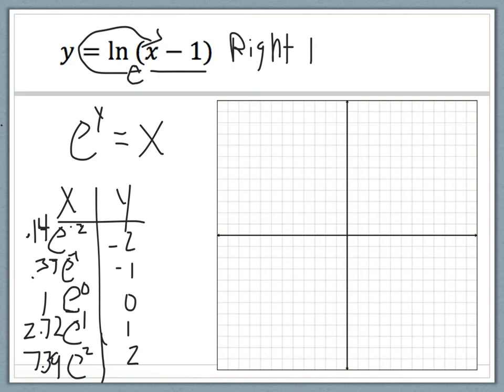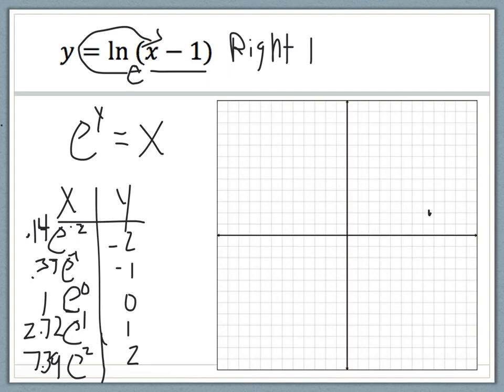So when I do this first one, I'm going to use that 7.39 and then 2. So we're going to go over 7.3. So think 7.3 is between 7 and 8. So I'm going to go 7 over, a little bit more than 7, then go up 2 and put a dot. Okay. Next one, I have 2.72, so that's going to be a little bit more than 2, closer to 3.